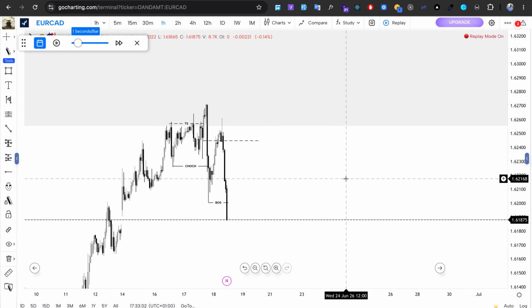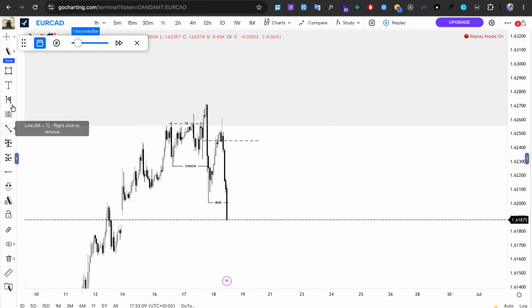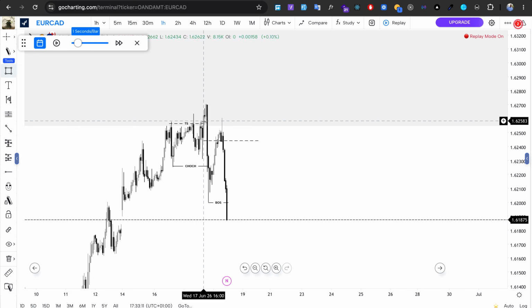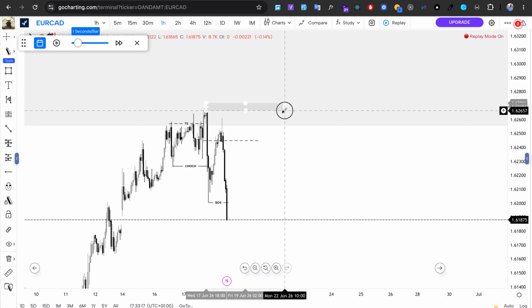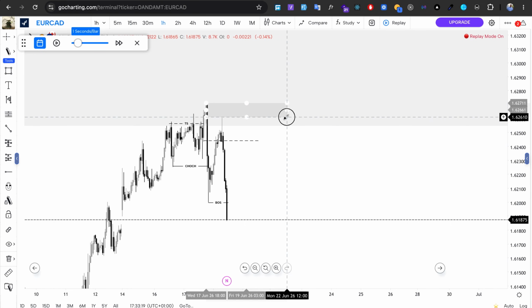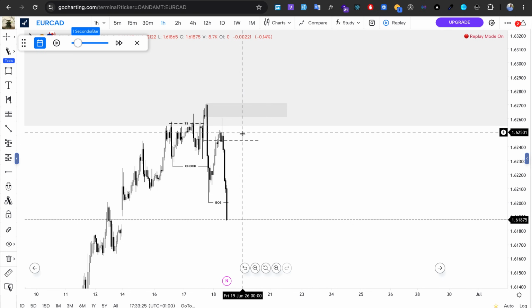So normally my point of interest would have been this place. Or depending on the price action, because now I'm not seeing any inducement. This particular break of structure didn't give us any inducement.